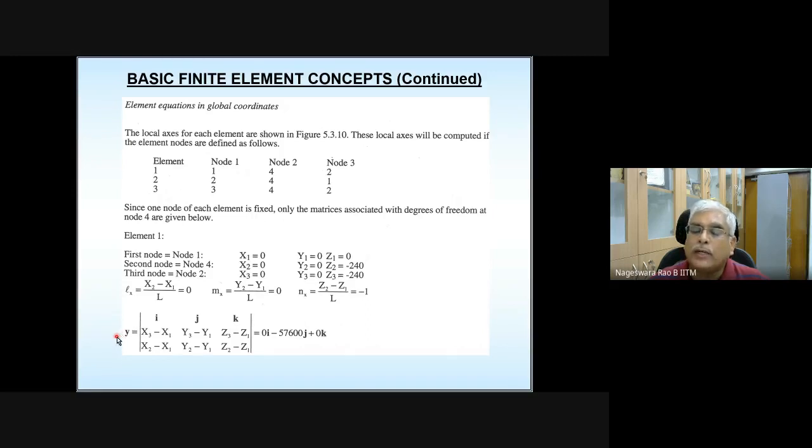And I want the unit vector, not y. The vector pointing in the y direction, local y direction, but I'm interested only in the unit vector. So you normalize it by dividing each of the components. 0 divided by the length of this element, this divided by the length of this element, and 0 divided by the length of it. So the length of this element, what is the length of this element?